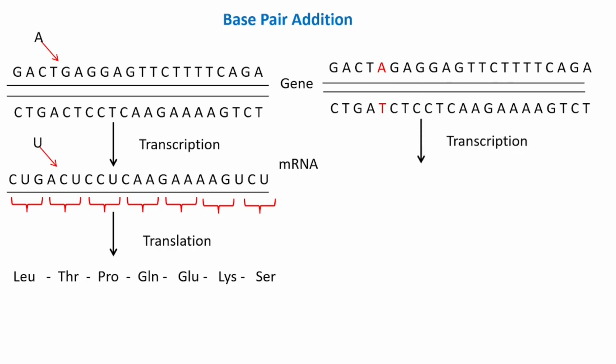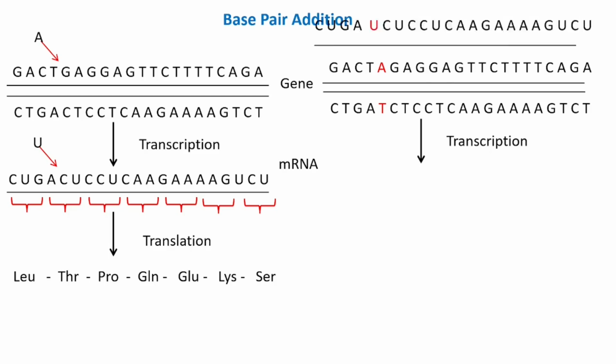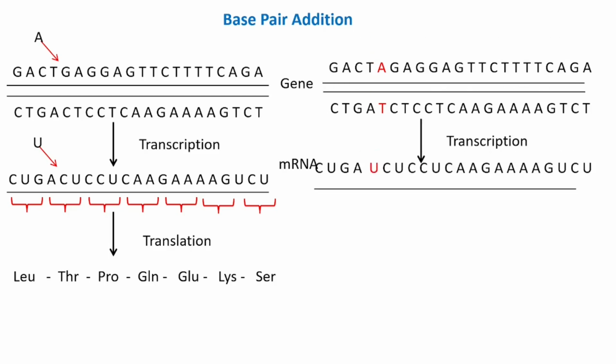On transcription, the mRNA too will have an additional base U. Since each codon in the mRNA is of 3 bases and since the genetic code is without punctuation, the insertion or addition changes the entire reading frame from the point of insertion. All the codons change from this point of addition.